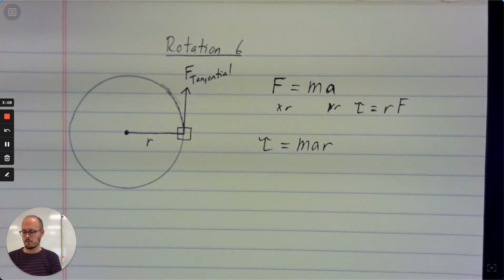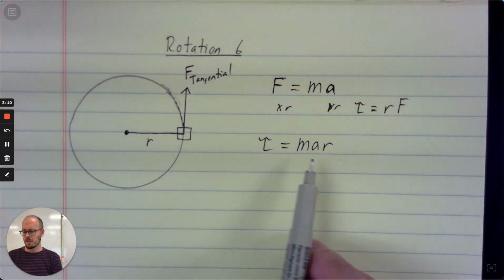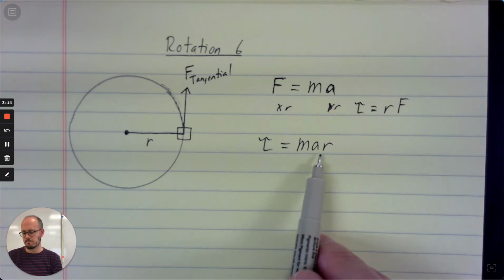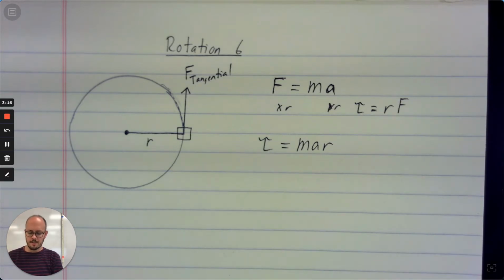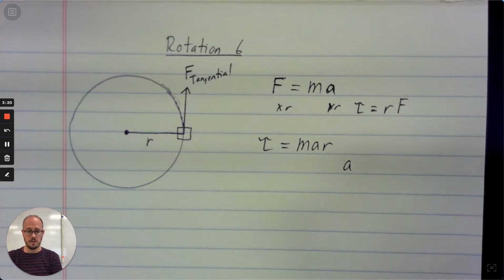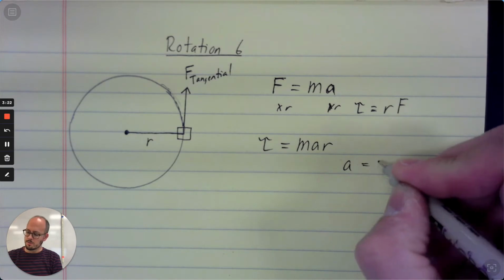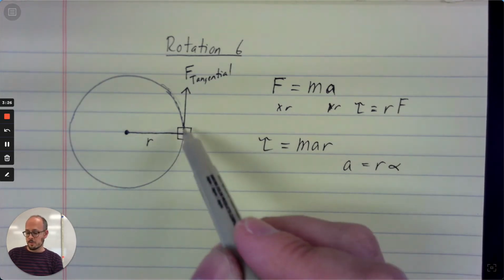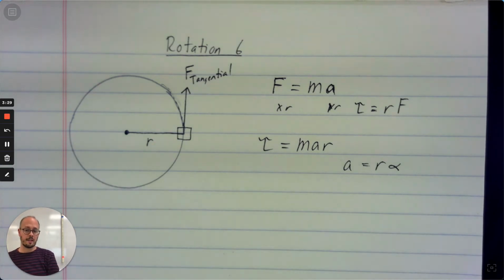So, okay, great. Now it's an equation about torque, and it's kind of similar. I have mass times acceleration times that radius. The second thing I'm going to remember is that the linear acceleration of this object is equal to r times alpha. Because it's moving around in a circle, it also has an angular acceleration.